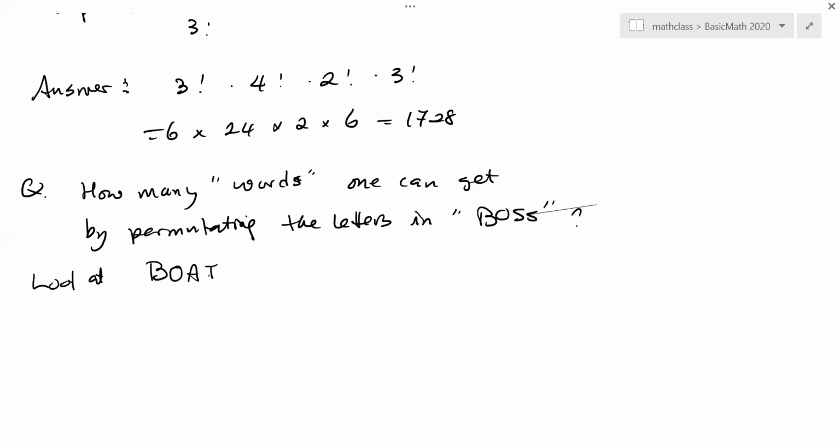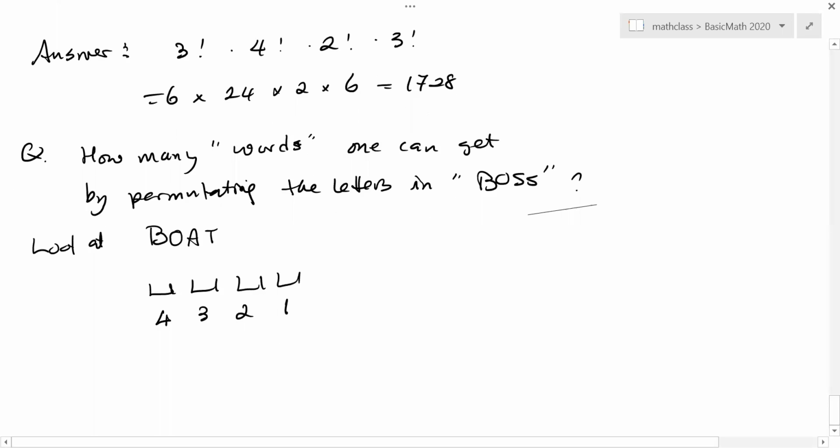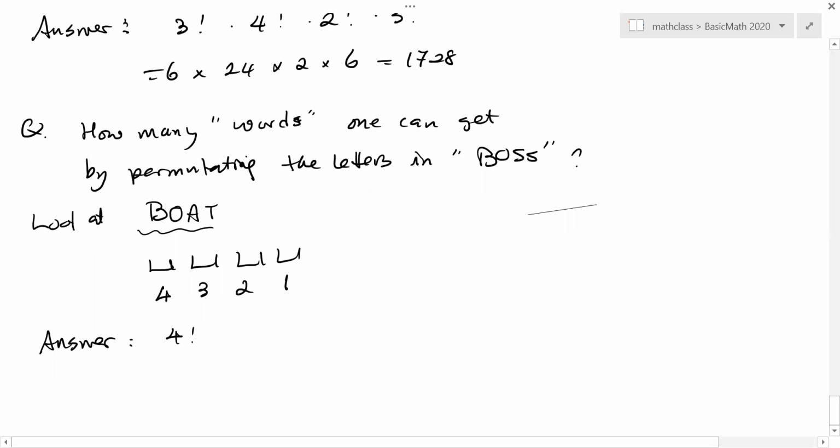You have 4 choices, then 3 choices, for the third letter 2 choices, and 1 choice. So the answer is 4 factorial different words you're going to get. 4 factorial is 24.